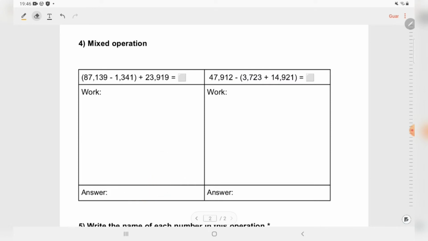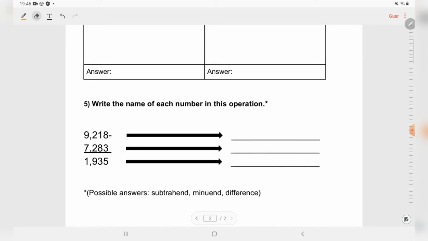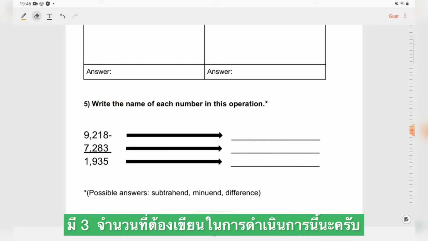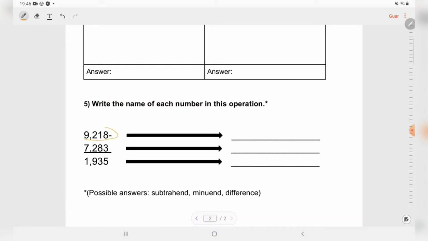And with exercise number 5, the last one, I want you to write the name of each number in this operation. There are 3 numbers in this operation, and each number has a name that could be this, or this.